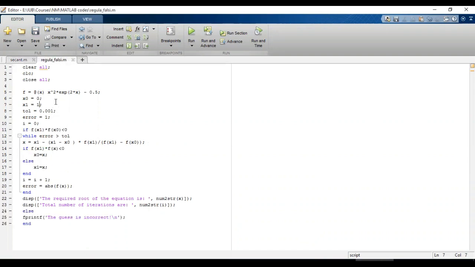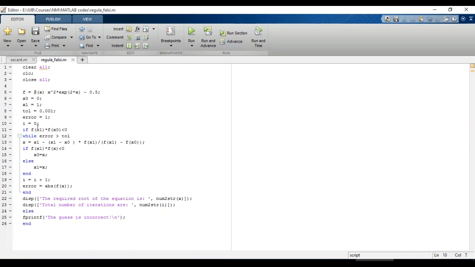And in the false position method, we have again specified the similar nonlinear equation, and these are our initial guesses, and we are supposed to specify the guesses which contain the actual solution. And this is the specified tolerance, and this is the error, this is the iteration count, and we have to use this if condition to check if the solution of this function exists between these 2 points.